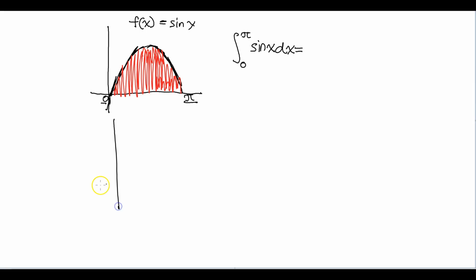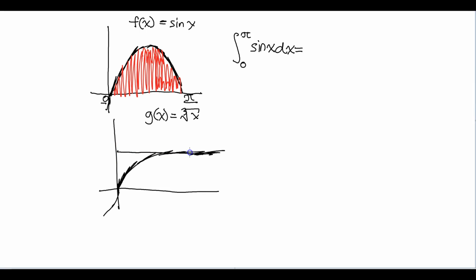Let's do one more. Let's say we had the function g of x equals the cube root of x. Okay? And it meets this at 8. And we want to find, it's the line y equals 2, we want to find the area of this region.